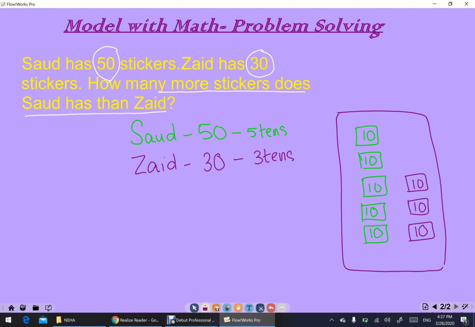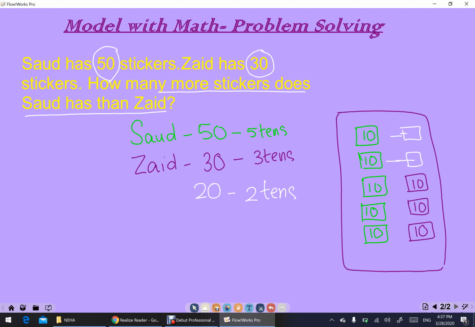How many less does Zaid have than Saud? So what you can do here is, you can just count. This is 1, and here, this is 2, right? So he has 2 more. So we know that 2 tens are missing, right? So 2 tens are nothing but 20, right?